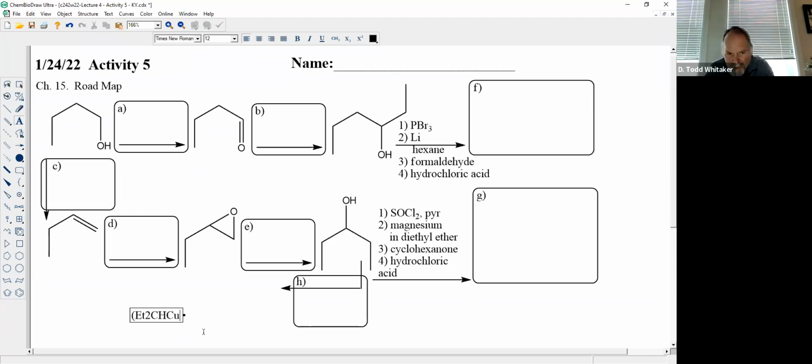Et2CHCu, I didn't need the parentheses, sorry. Oh, I did. There's two of those attached to the copper. And in this case, we will have MgCl.